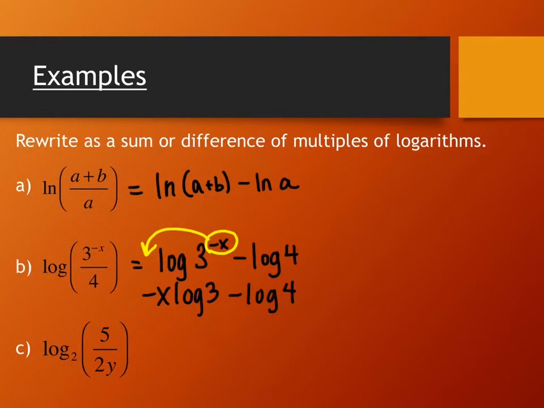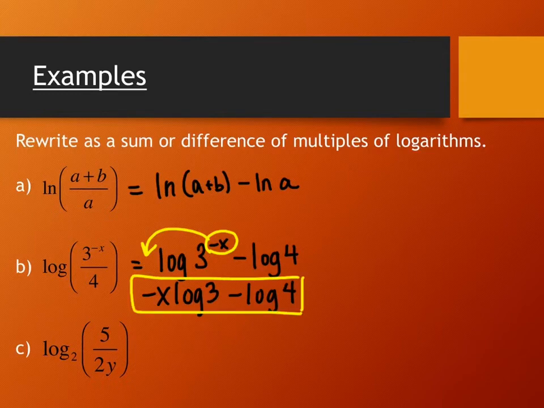Couldn't you move it to the denominator and make it 3 to the x? You could. So that's not an inconsistency at all. It's just a different way of expressing it. So this is correct. It would be equivalent to having log of 3 to the x over, 1 over 3 to the x times 4. That's okay too. It's just a different version of writing it. Okay, so we have this for our final answer.